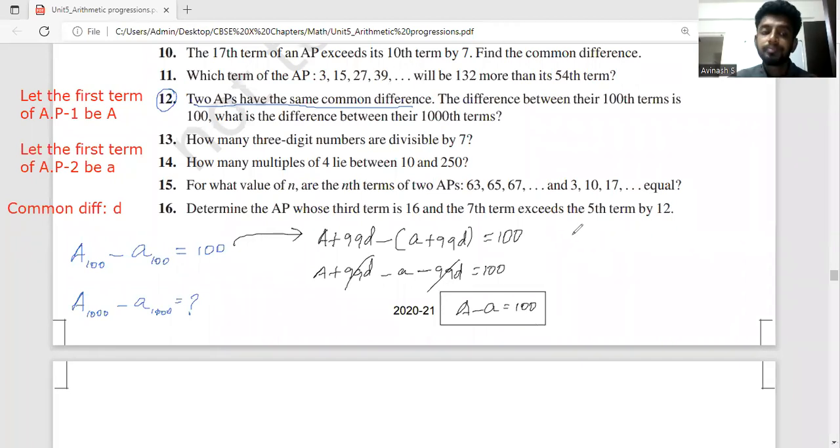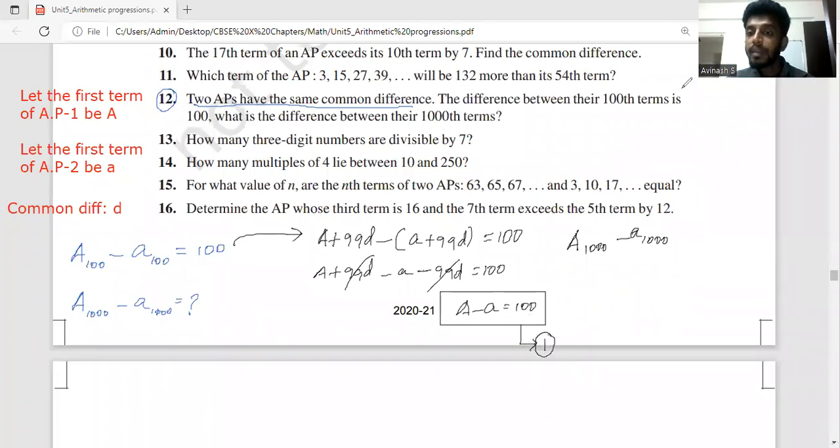And now we are supposed to find capital A1000 minus small a1000. This is what we are supposed to find as per the question. They have given that the difference between their 100th terms is 100, and we make use of that to find a relation. So this equation 1 is the relation that we are finding out.